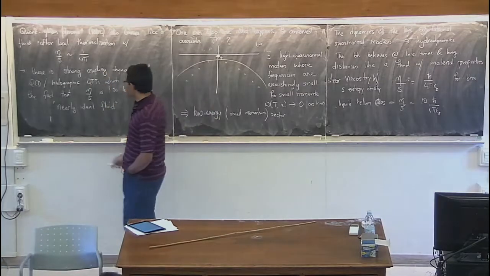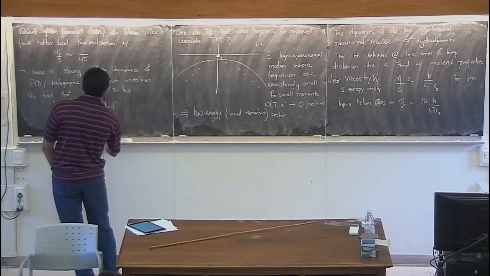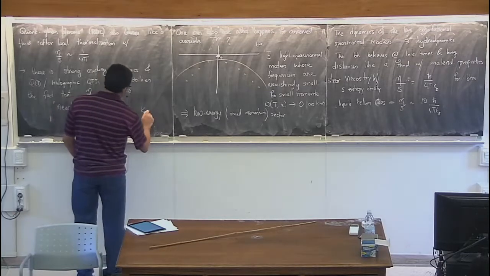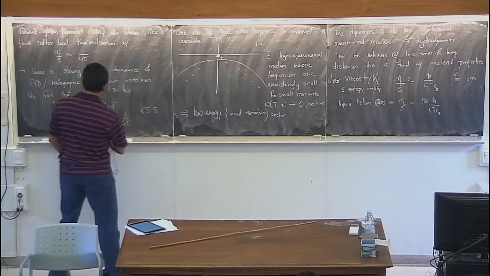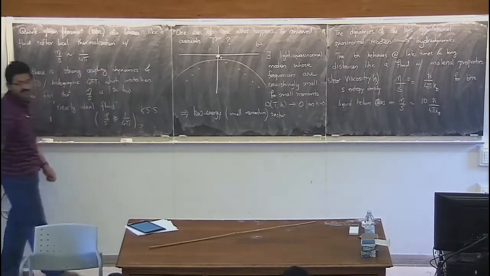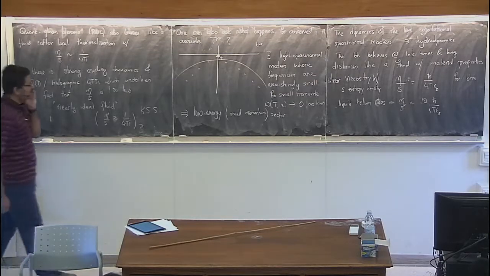People have then gone on to conjecture that eta over s is bounded from below by 1/4 pi. It's usually called the Kovtun-Son-Starinets bound. Is this fundamental? Can one derive this from some first principles? There have been lots of explorations of where this bound could come from, and so on and so forth.